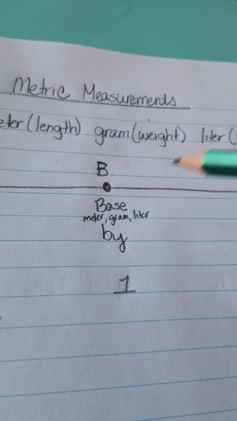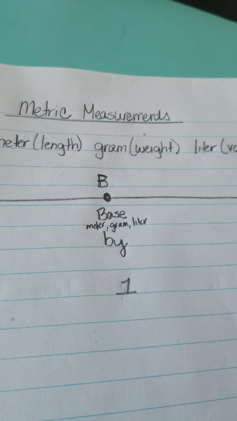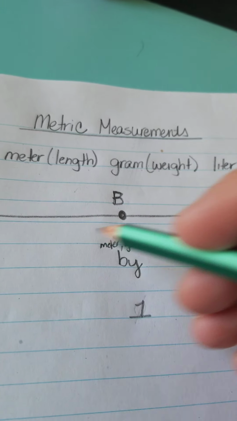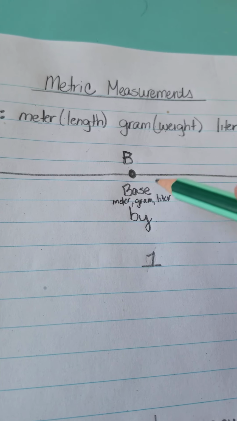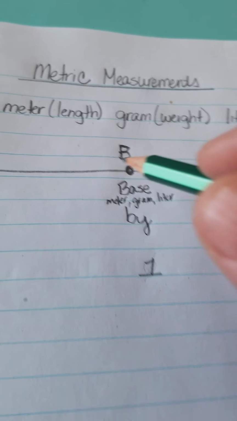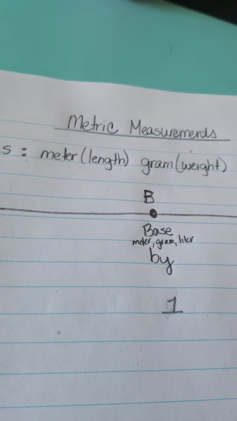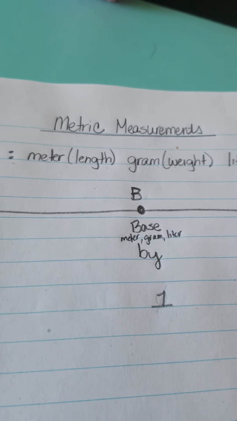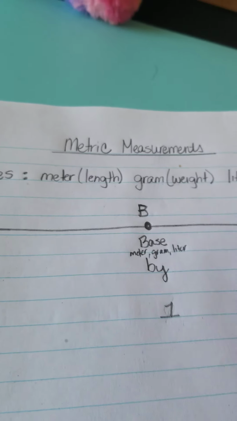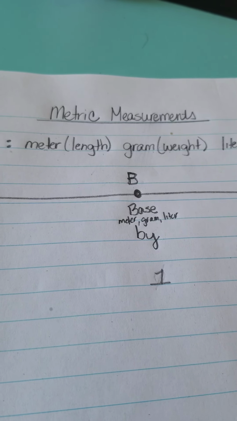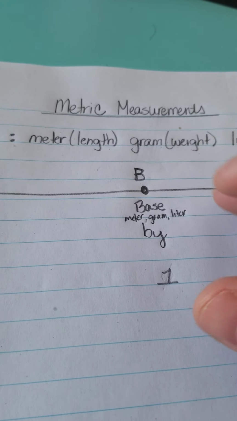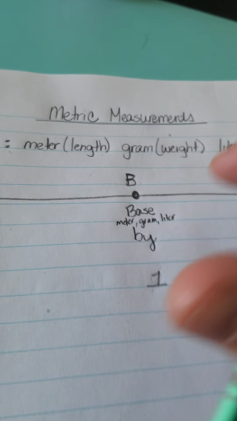All right, here we go. So I need to kind of set things up to remember so that I can do conversions. For example, let's just say I have 53 meters, and I need to know how many centimeters that is, okay? So that's what we're going to do. With the U.S. customary measurement, remember, we had our set measurements.